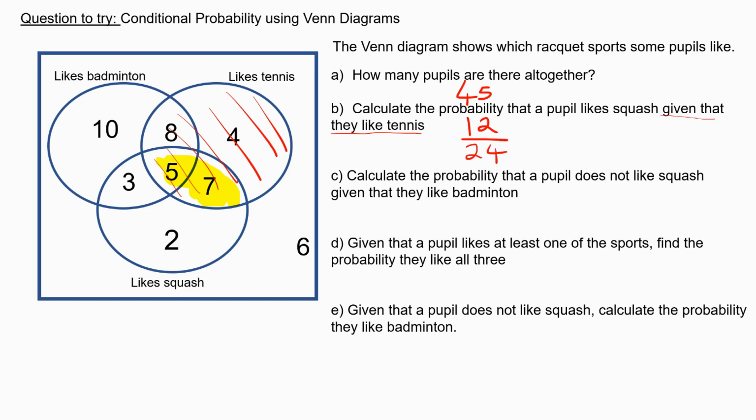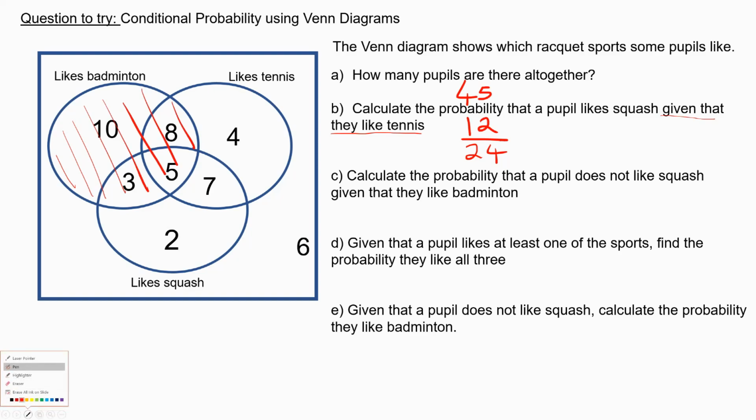For C, we want to work out the probability that a pupil does not like squash, given that they like badminton. If they like badminton, this given that condition means I restrict myself to the badminton circle, and then I need to look at all the pupils within that restricted Venn diagram who do not like squash. So they need to be outside of the squash circle.